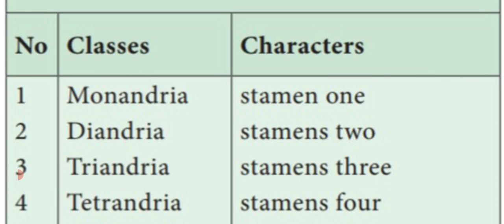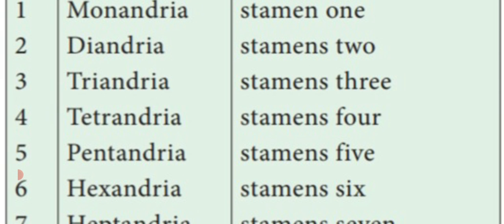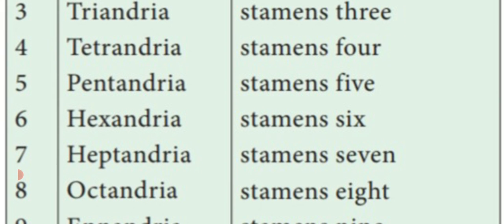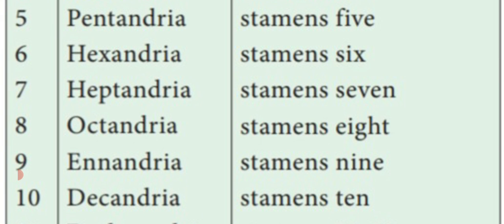Diandria, that means two andrecium. Stamens two. Triandria, stamens three. Tetandria, stamens four. Pentandria, stamens five. Exandria, stamens six. Heptandria, stamen 7, Octandria, stamen 8, Enandria, stamens 9, Decandria, stamens 10.